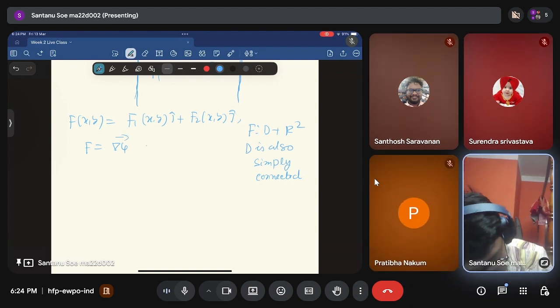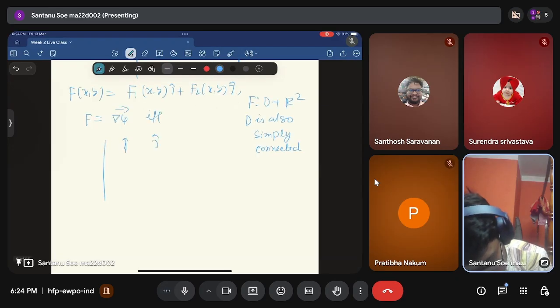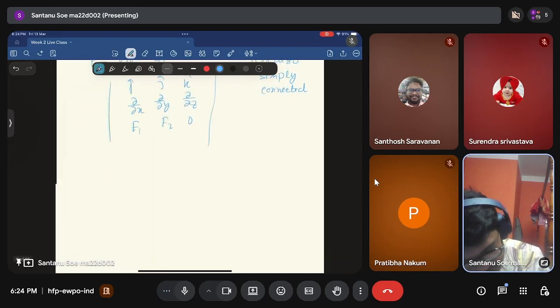Then if and only if, so this is i, j, and this is k, and this will be del x, del y, del z, and this is f1, f2, and 0. Correct?